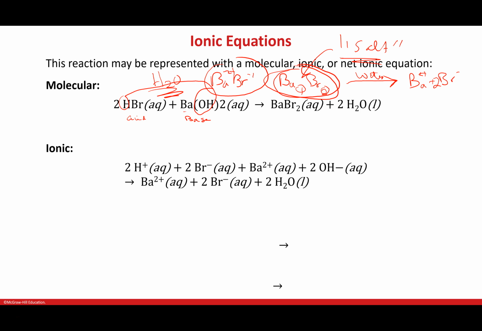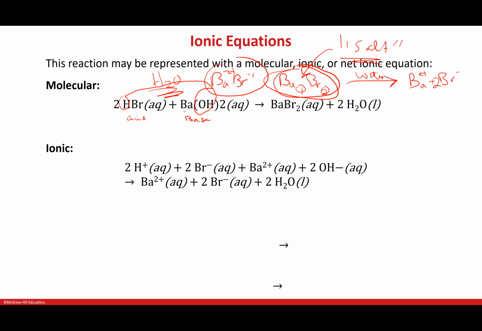Now, the only reason I would want to do this ionic one is so I can whittle it down to what's called the net equation. Here's the deal. If between my 2 hands is a reaction arrow, and I see the same thing over here and the same thing over here, I can combine those terms. It's like math with an equal sign, but it's an arrow.